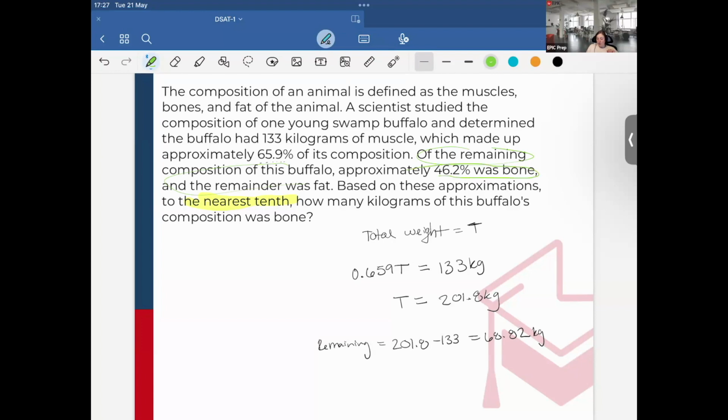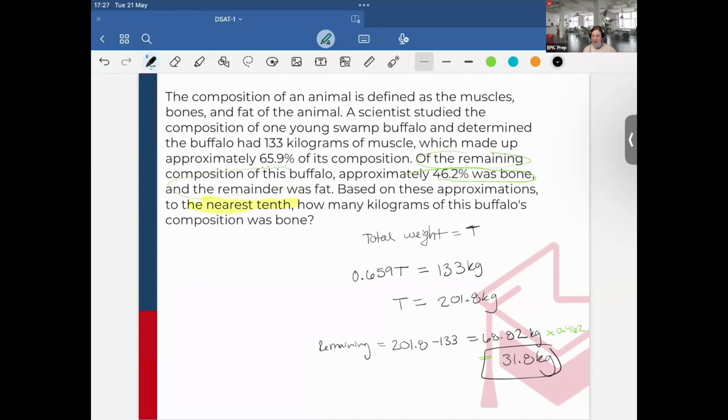So this multiplied by 0.462 will be made up of bone. And when I multiply that, that gives me 31.8 kilograms, and then I have my answer. You see, with percent problems, just be familiar with them, read them super carefully so that you don't make any missteps along the way, and then you'll have the answer.